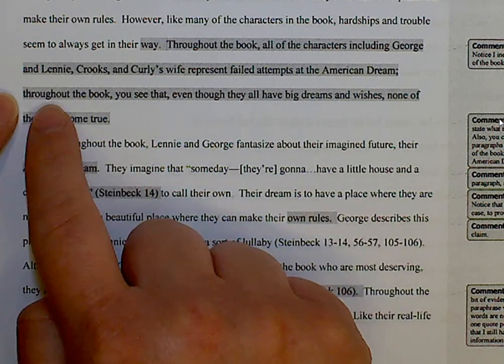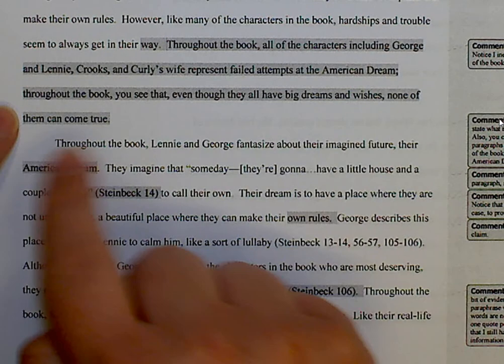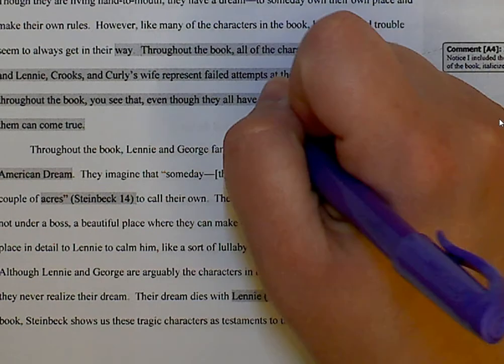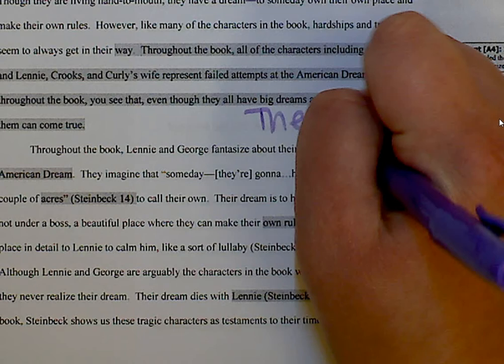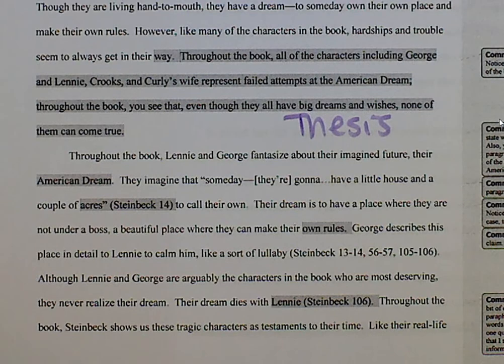Throughout the book, you see that even though they all have big dreams and wishes, none of them can come true. That's my thesis. So everything in my paper needs to be proving this thesis, including my claims, evidence, and analysis in my body paragraph. Everything is working to prove this point.